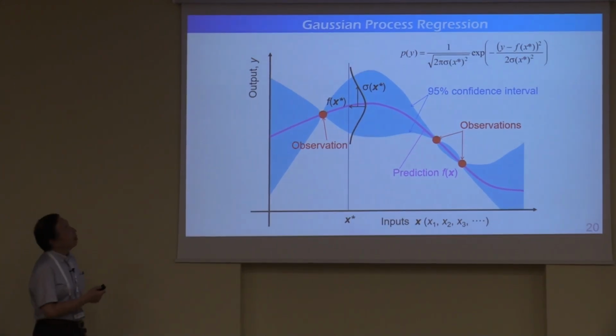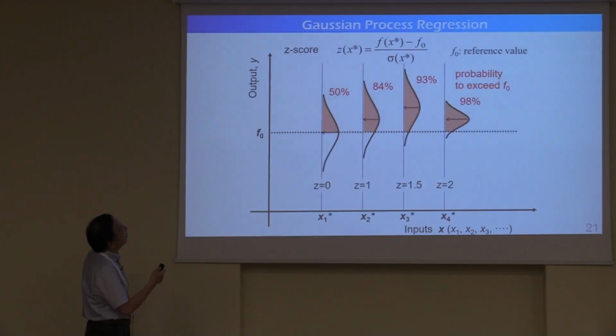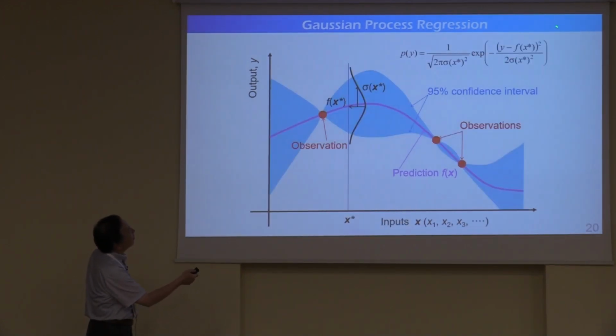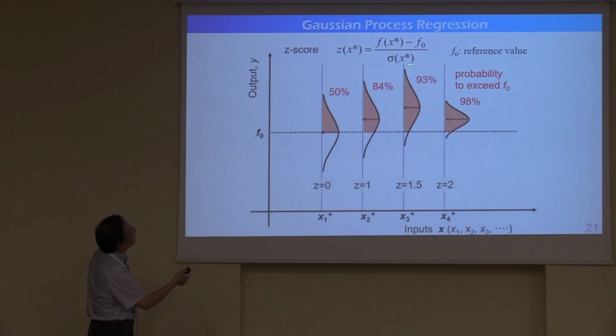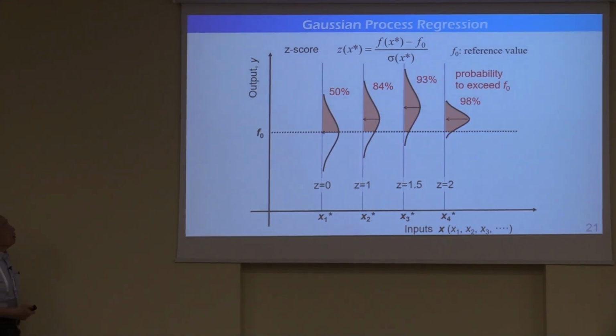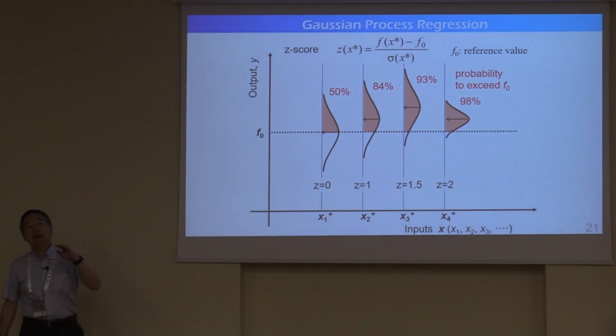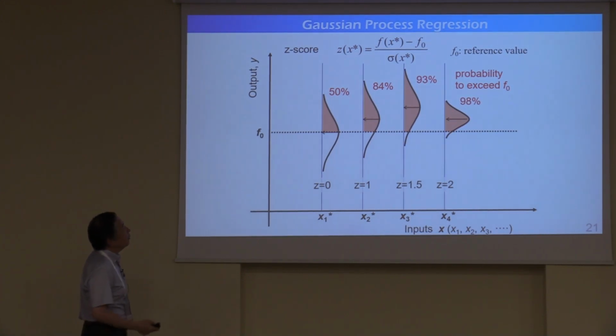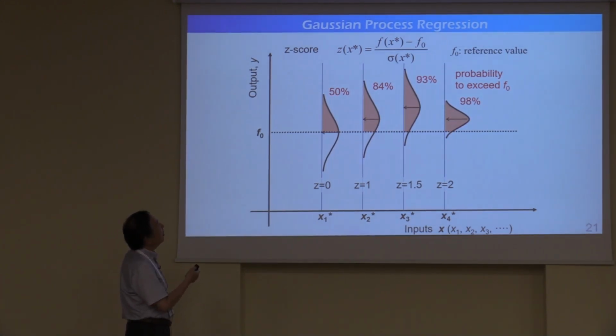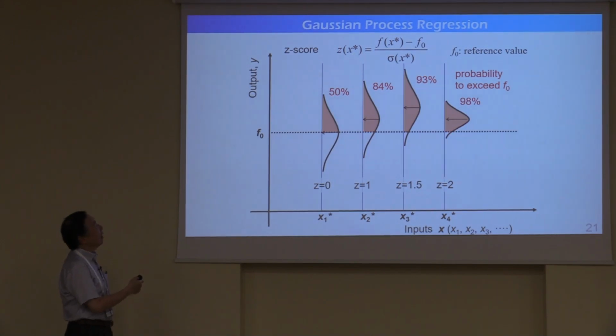Based on that, this is a Gaussian distribution, and the term here is expressed like this, and we call that the z-score. The z-score can provide the probability to exceed a reference value. In this case, we take as an example the lowest known material for the LTC, lattice thermal conductivity. If the predicted value is lower than this reference value, then this score becomes higher.